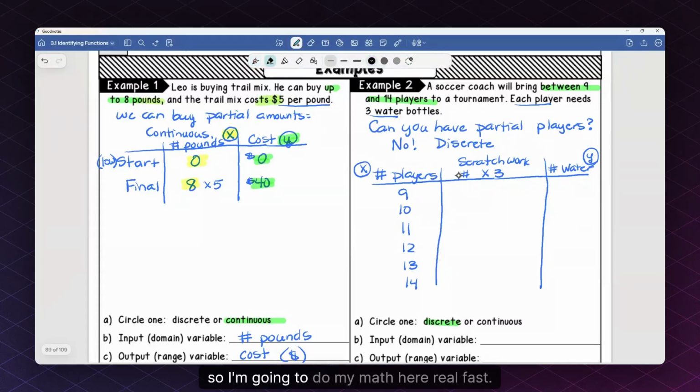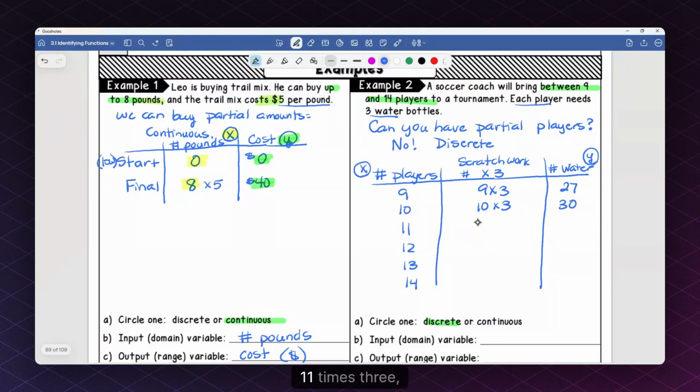Okay, so I'm going to do my math here real fast. I've got 9 times 3, and that is going to give me 27 water bottles. I have 10 times 3, and that's going to give me 30 water bottles. 11 times 3, that's going to give me 33 water bottles. 12 times 3, that's going to give me 36.